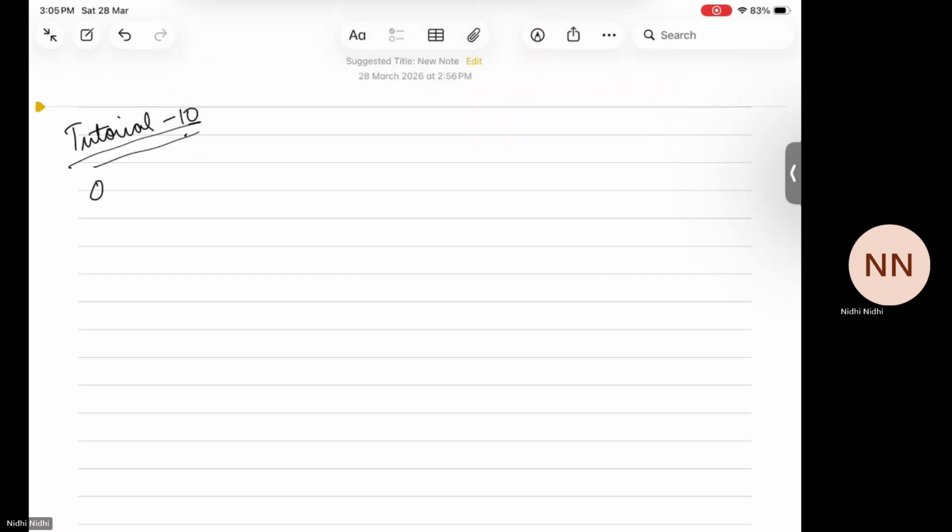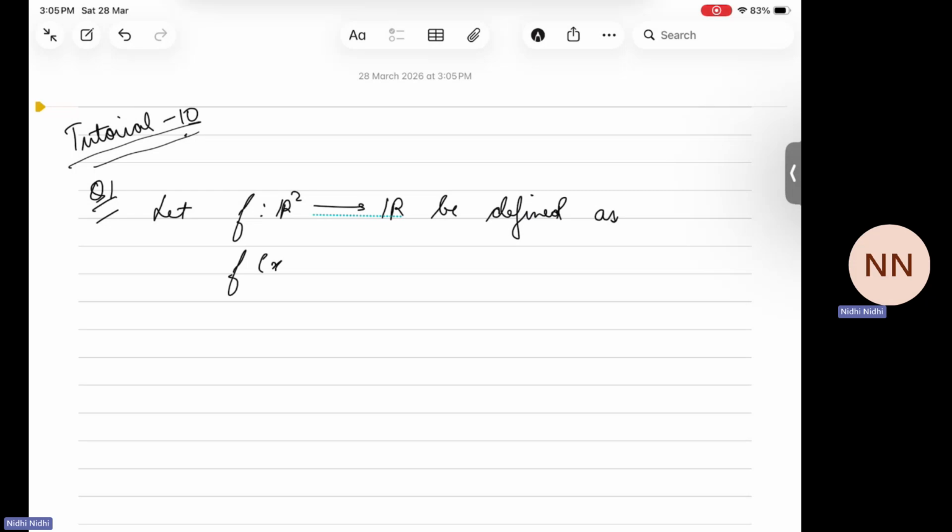Question number one. Let f from R2, that means it is a function of two variables, to R be defined as f(x,y) is equal to x square plus y square for every (x,y) in R2.